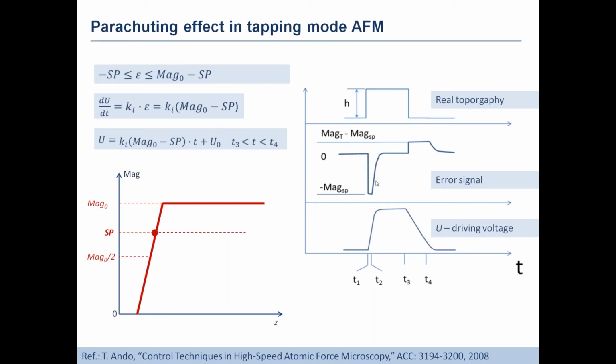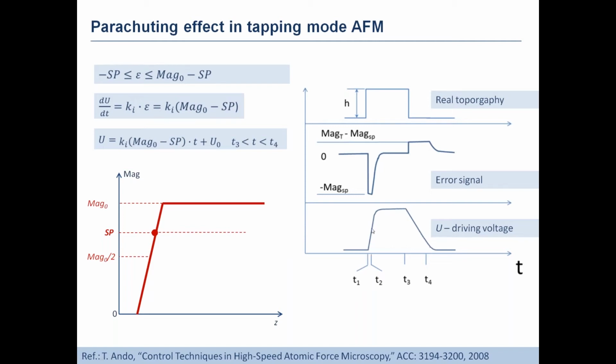Well, then when we are on the step, the error signal becomes equal to 0, and then when we jump out of the step, the amplitude of cantilever oscillation becomes equal to the Mag 0, that is the amplitude of the free cantilever oscillations. And as a result, and this is just the basics of how integral feedback system works, we have the profile that looks approximately like this.